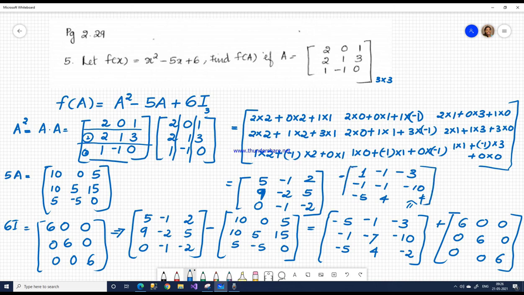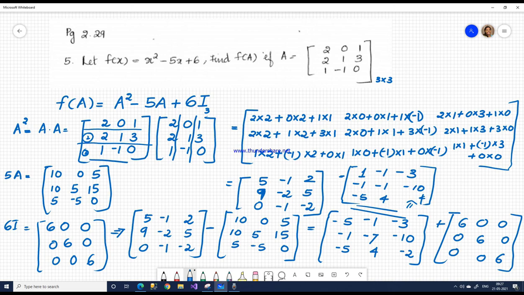So this is the answer. So the value of A square minus 5A plus 6I will be 1, minus 1, minus 3, minus 1, 1, minus 10, then minus 5, 4 and 4.